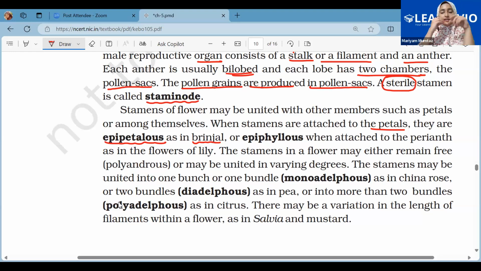Whenever the stamen is attached onto a perianth, because in perianth you can't say whether it is a calyx or a corolla, you call it epiphyllous, because you can't say petalous as they don't have petals separately. So whenever it is written epiphyllous, people should understand that the stamens are attached onto the perianth, such as in the flowers of lily, because lily is a perianth flower. Clear? Any doubts?